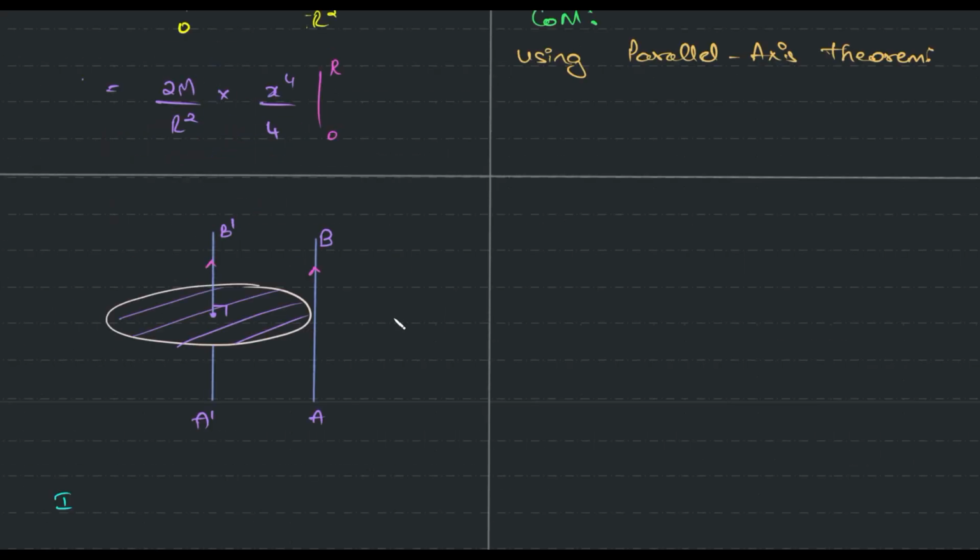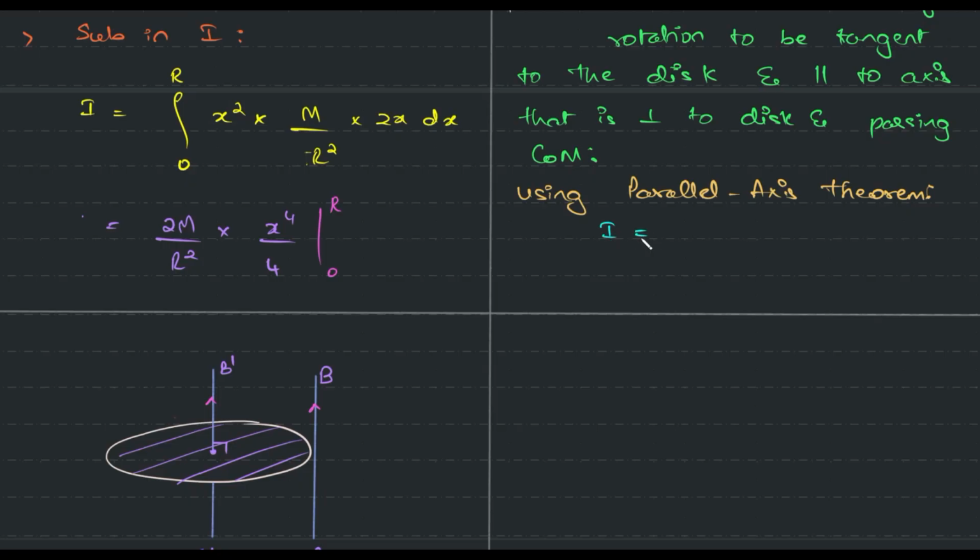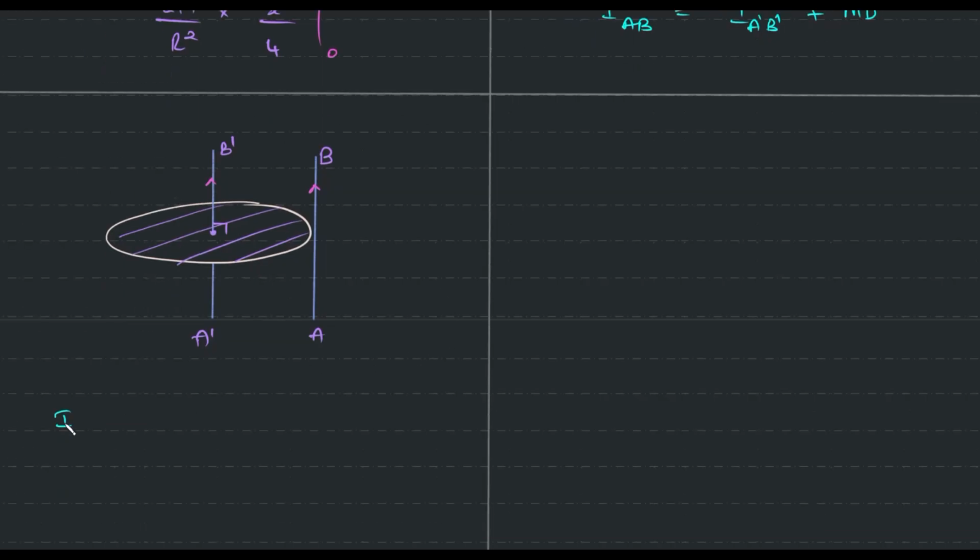So as per this, you have I through AB will be equal to I through A dash B dash plus md square. M is the total mass. And here, sorry, D is R, right?